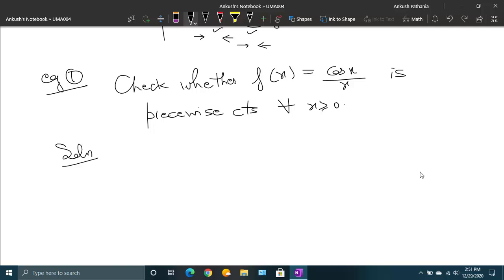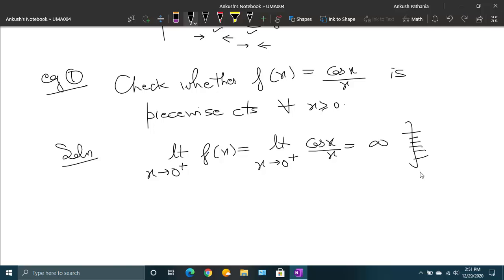Clearly in this function, if we approach the function f(x) at point 0 through the right hand side, then you can see this is cos 0, that is 1 upon 0, and that is infinity. So clearly you are getting the limit at point 0, when we approach from the right hand side, as infinity. So the limit does not exist here.